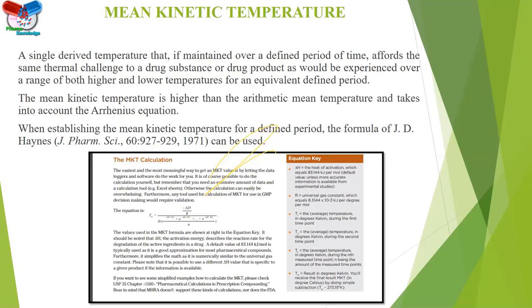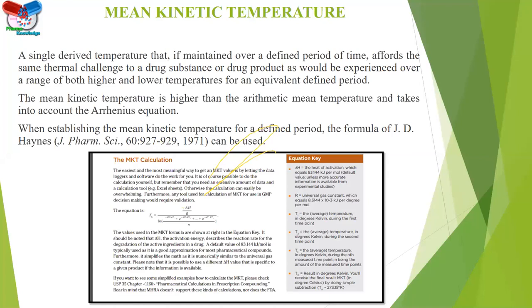Next, from where do we get the temperature? From mean kinetic temperature. What is the mean kinetic temperature? From the different temperature studies, we got the values. After these values, there is the formula given by J.D. Haynes, where we find out the mean kinetic temperature. It means a single derived temperature that, if maintained over a defined period of time, affords the same thermal challenge to a drug substance or drug product as would be experienced over a range of both higher and lower temperatures for an equivalent defined period.